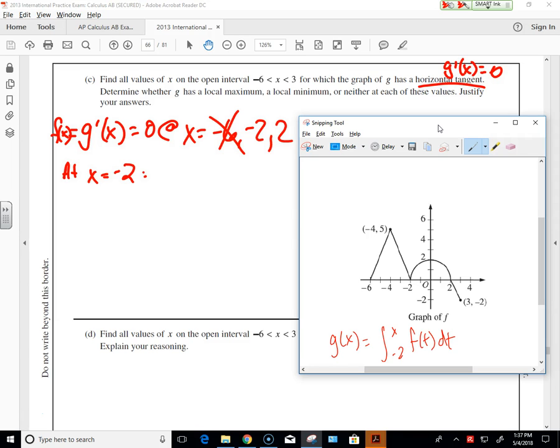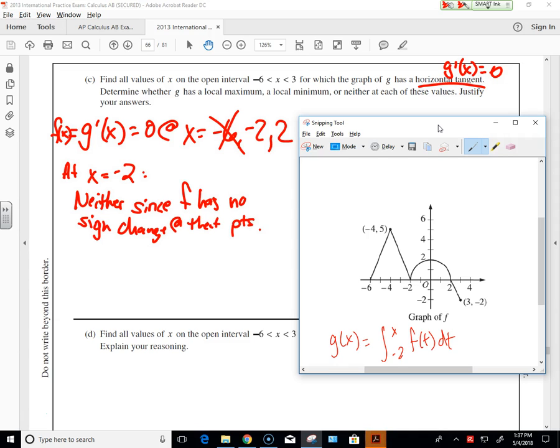What's the sign of f for -2? Positive because it's above. What's the sign on the other side? So was there a sign change? No. Neither, since f, which is g prime, has no sign change at that point.